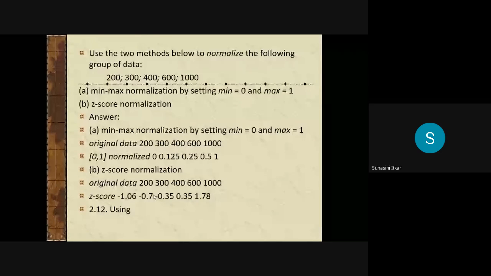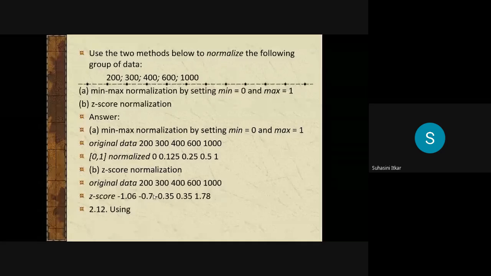When we write a program, it's very easy to normalize all the values using the formula. The techniques are min-max normalization, z-score normalization, and decimal scaling. So we have solved one more problem, the university question paper problem. Now we can move to the next presentation.